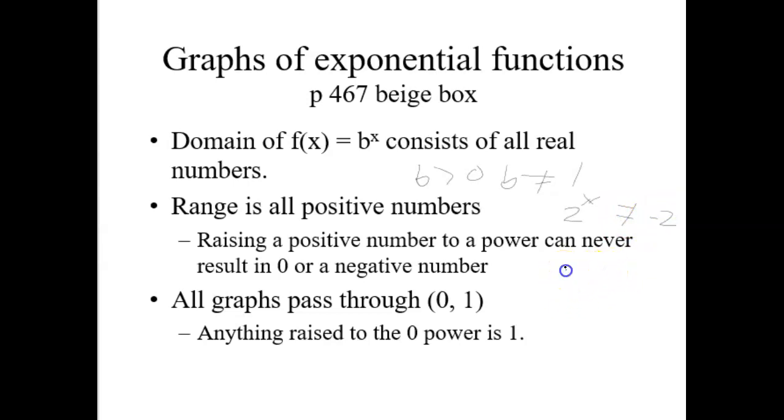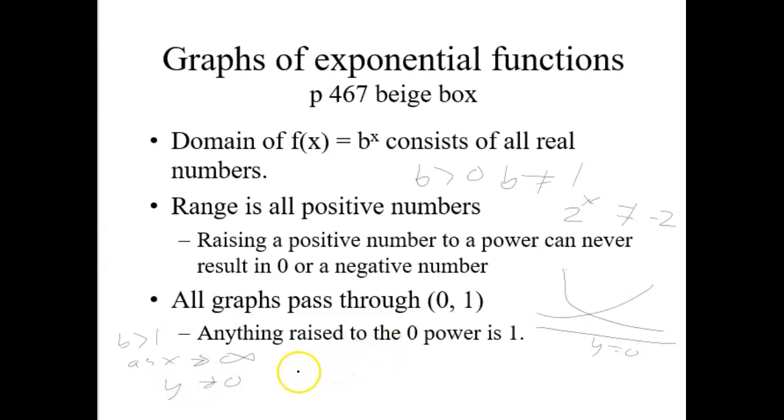And if you remember looking at the graphs, you actually have a horizontal asymptote at y equals 0 that this function does not cross. If it's 1/2 to the x I drew, or if it's 2 to the x, it goes in the other direction. It's a one-sided horizontal asymptote. So for growth, as x goes to negative infinity, this is for b greater than 1, y goes to 0.